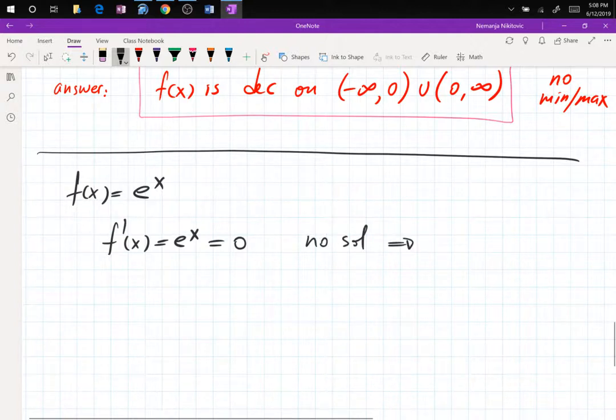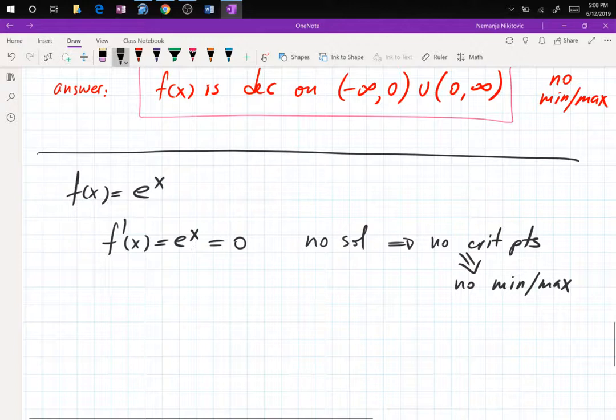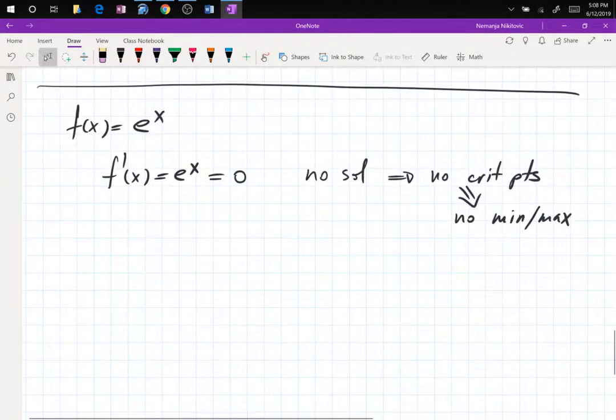Which immediately means no critical points, and that means no min max. So now what do I do? I take the partition. We know the domain for e to the x is from negative infinity to positive infinity.